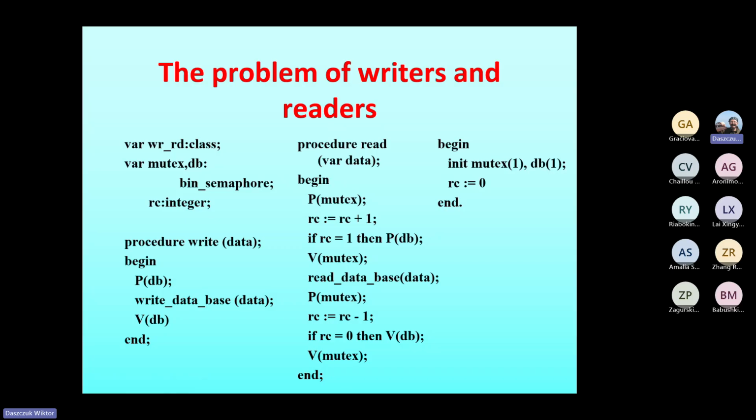We execute P of db. And we leave the critical section of RC. Here we access the database, maybe concurrently with other readers.